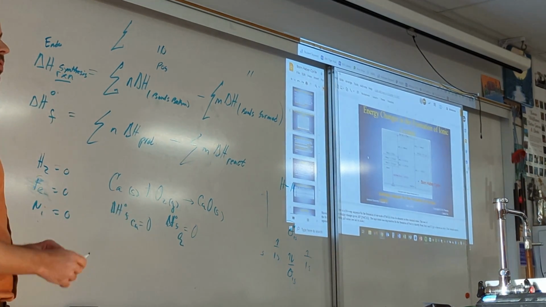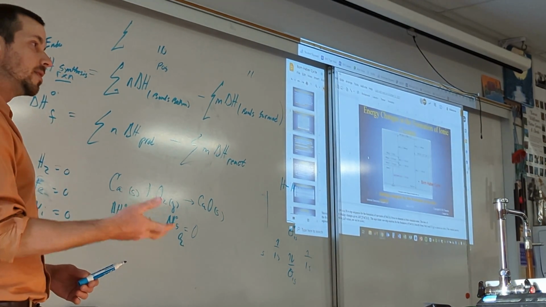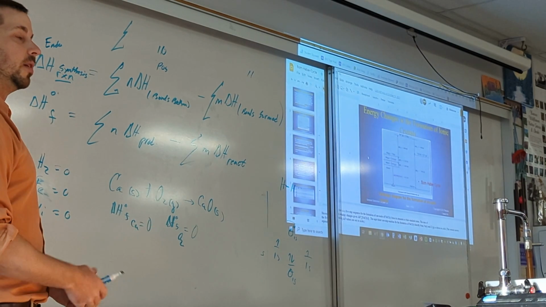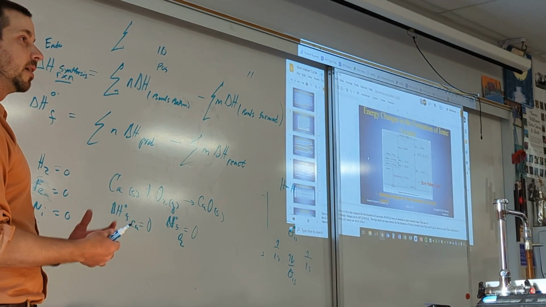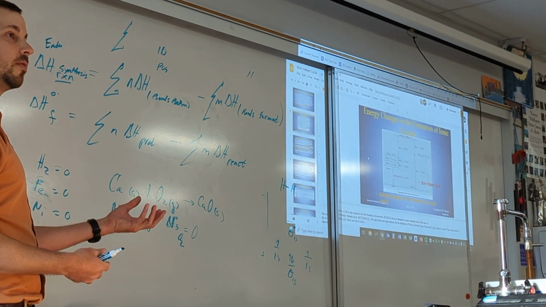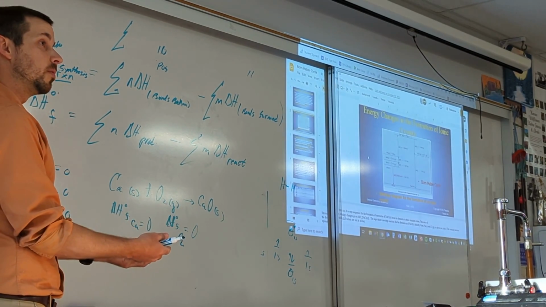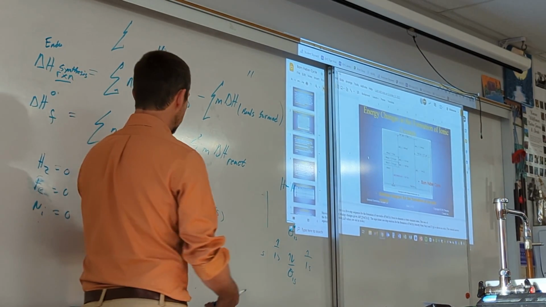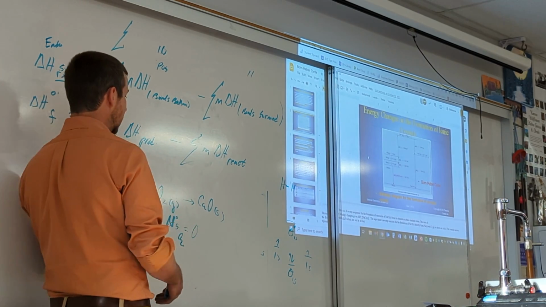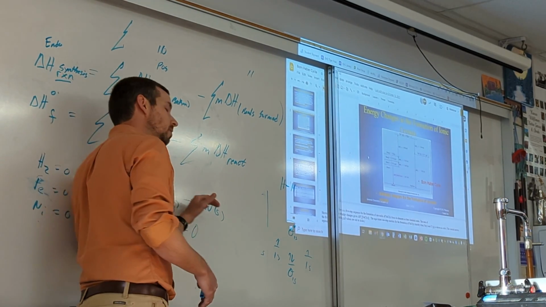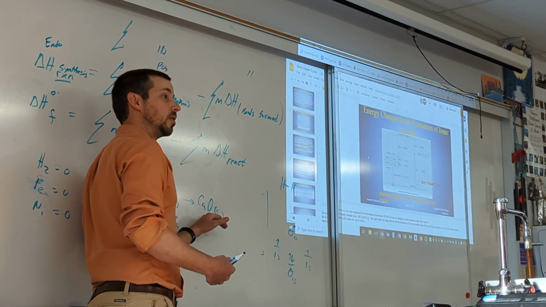Any elemental form is 0. That means it's the standard. It's where you start. No energy is needed to make the constituent elements themselves because they are the elements. They're just there. To make these products, we combine the two together. So back to the point of, is this always going to be an endothermic reaction or exothermic? You don't know.